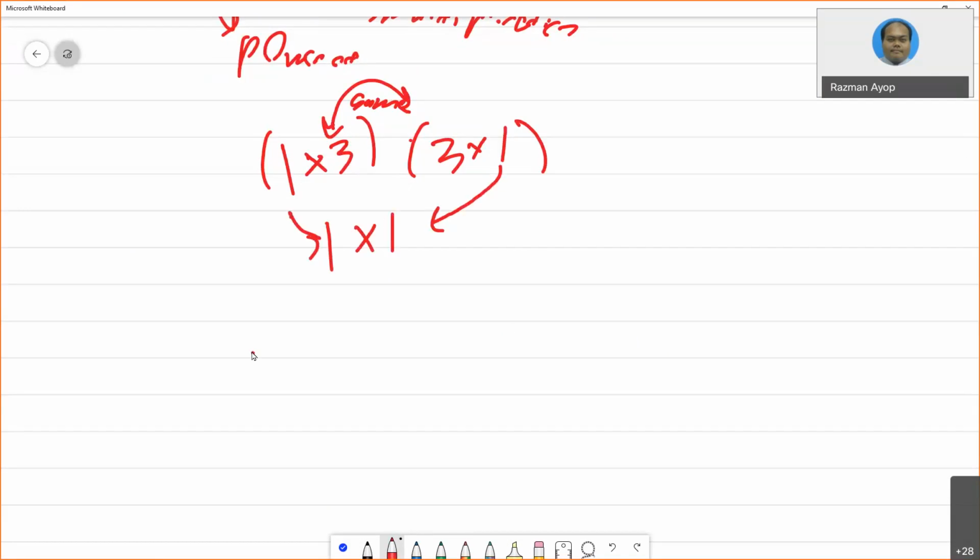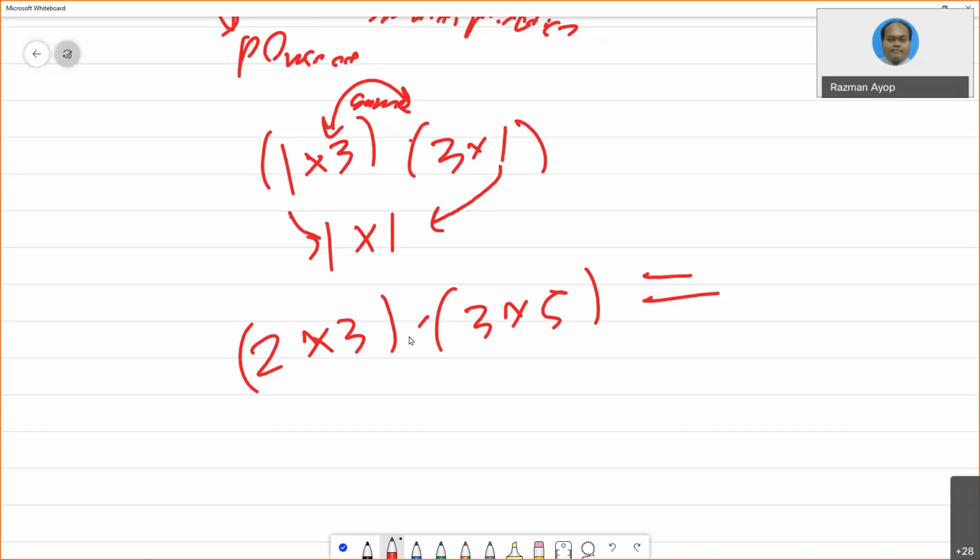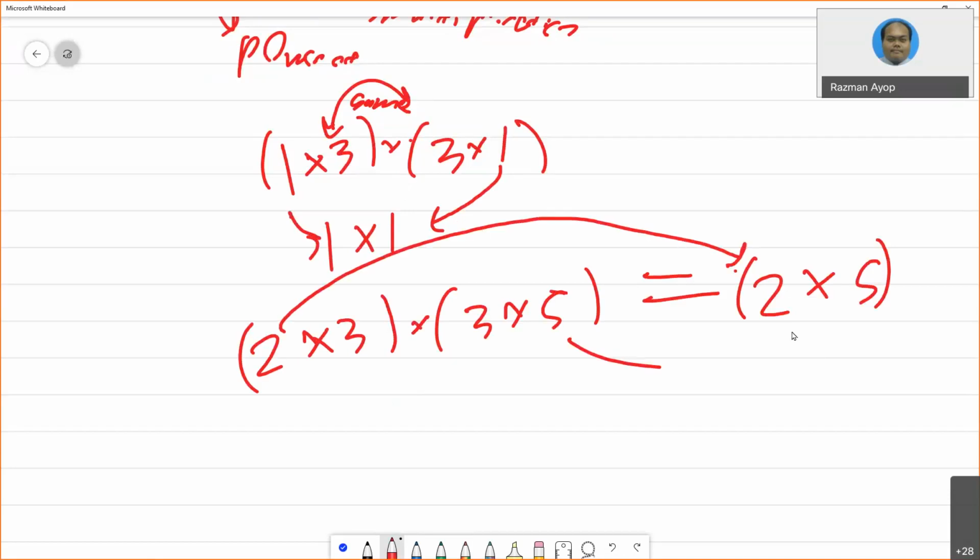For example, if you have a 2 multiplied by 3 matrix, and then you have a 3 multiplied by 5 matrix, the result will be a 2 multiplied by 5 matrix. This is from 2, this is from 5.